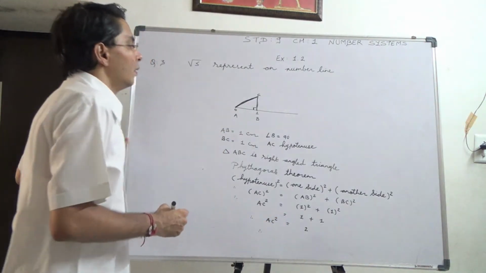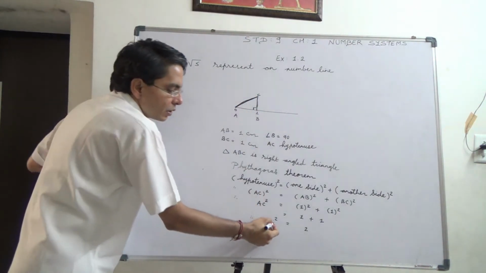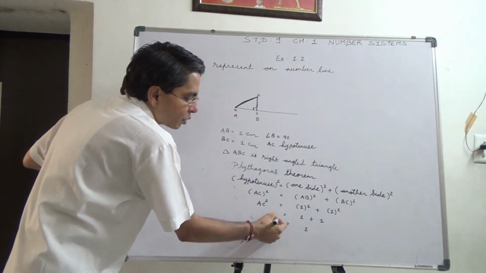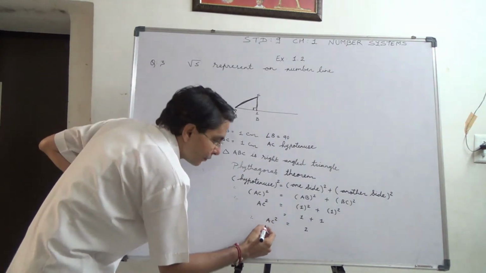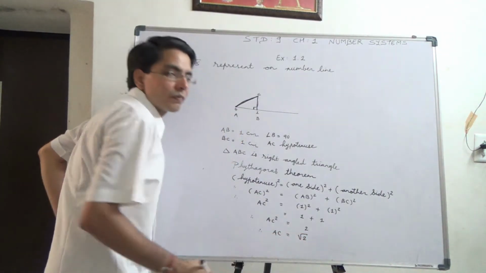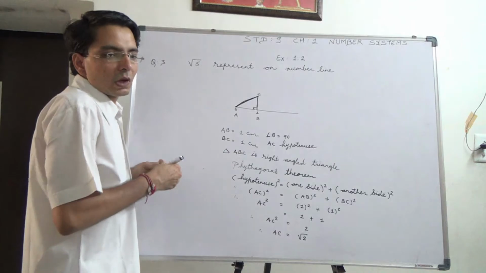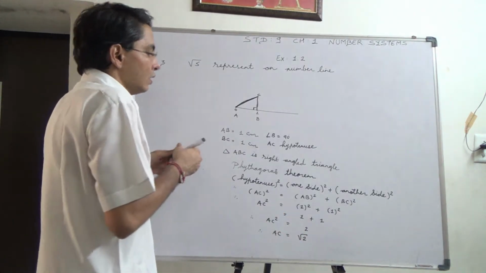But we have to find AC, not AC square. If you want to remove the square, you have to take the square root. So AC is square root 2.